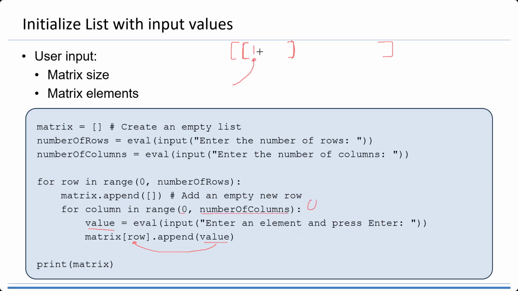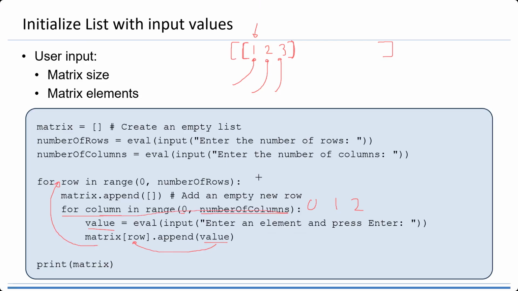When this is 0, this is the value at index 0. When the column equals 1, then there will be another value, let's say 2. When the index of column equals 2, then there will be another value, for example, 3. After we finish this one, then we will go to the next row.